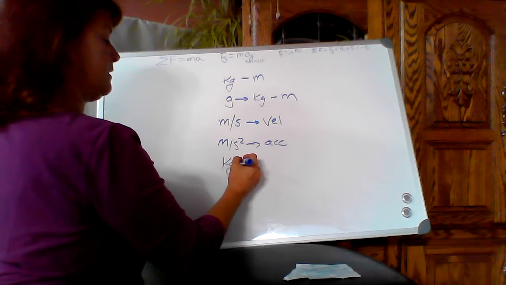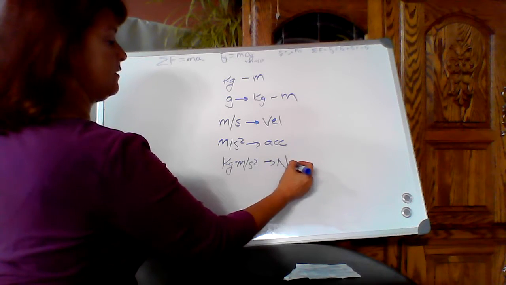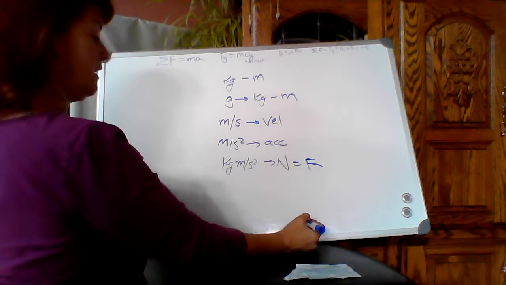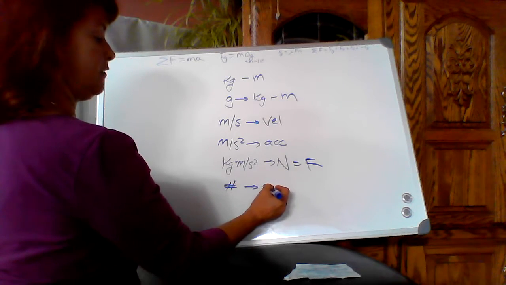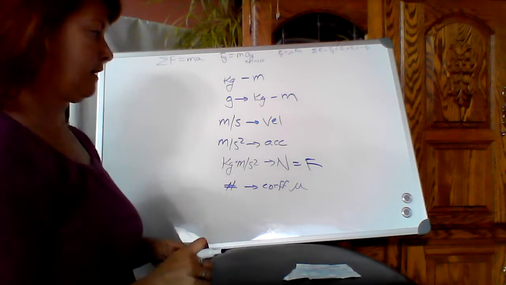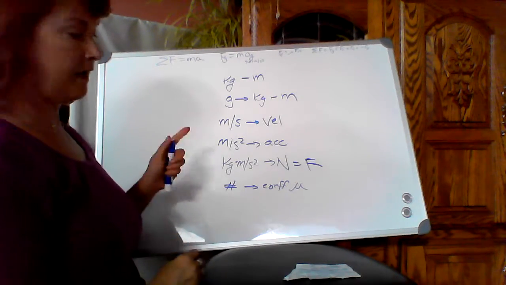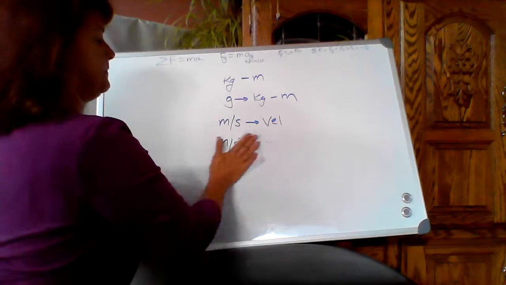Kilograms times meters per second squared is also newtons, which is force. If you have a number with no units, it'll be the coefficient of friction, or your mu. So keep your units in mind, and that will help you make sure that you're doing the math correctly.